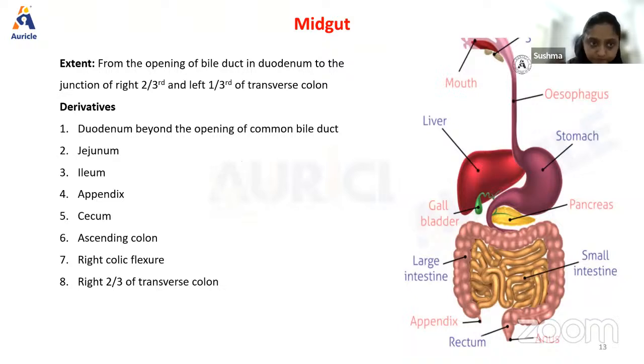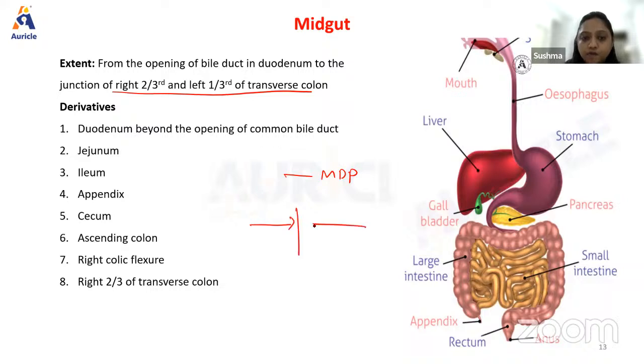Then, from the opening of the bile duct in the duodenum to the junction of the right 2/3 and 1/3 of the transverse colon, between the major duodenal papilla and that junction, we have the midgut.